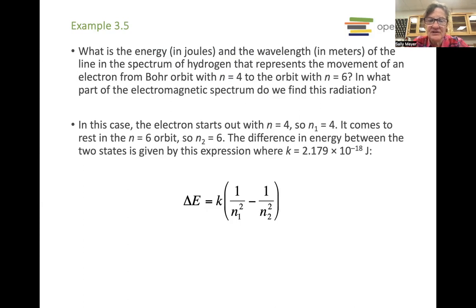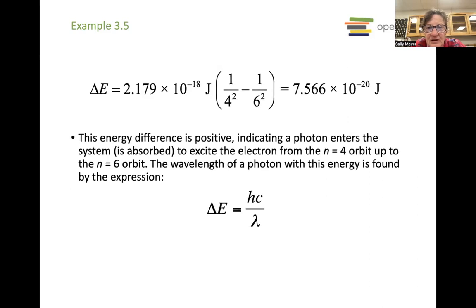So we're going to use the equation for the hydrogen atom's energy differences, and they're separated in energy, and they're proportional to 1 over an integer squared. So in this case, we're going to say that n1 equals 4, and it comes to rest at n2 equals 6. So 1 over 4 squared minus 1 over 6 squared times the Rydberg constant in units of joules.